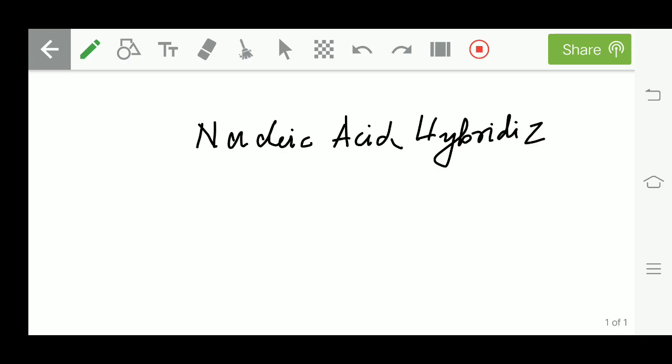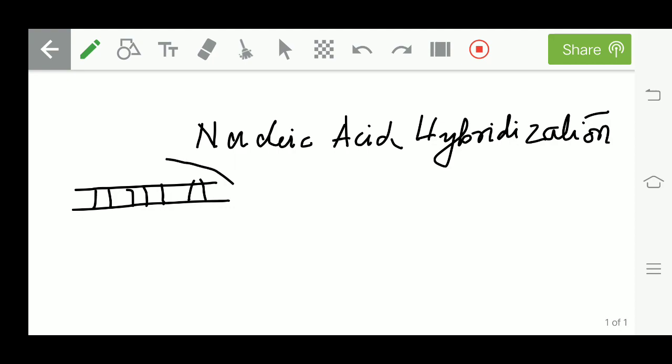When I am talking of nucleic acid hybridization, what does it mean? It is a methodology or a tool which takes advantage of individual single-stranded nucleic acids which are complementary to each other to be paired or hybridized.